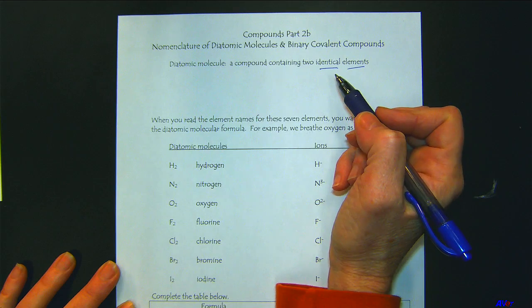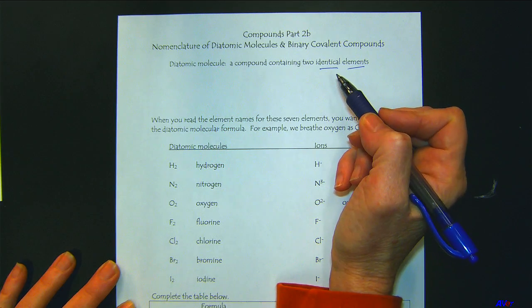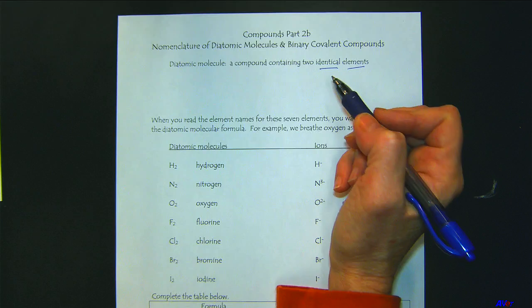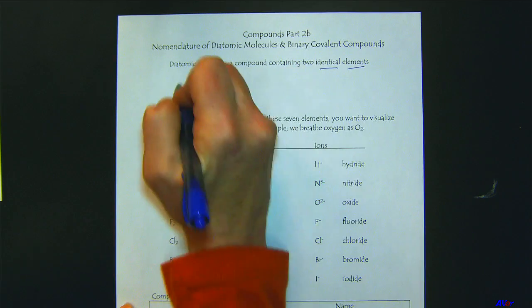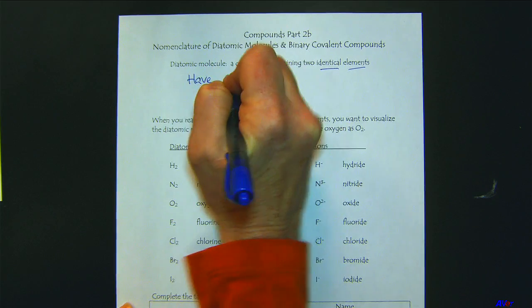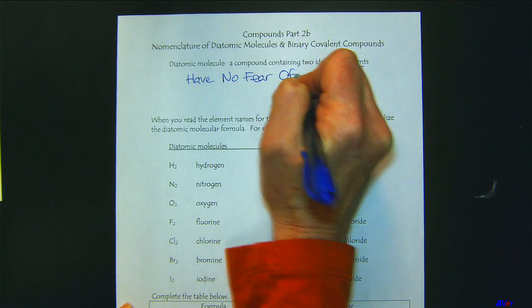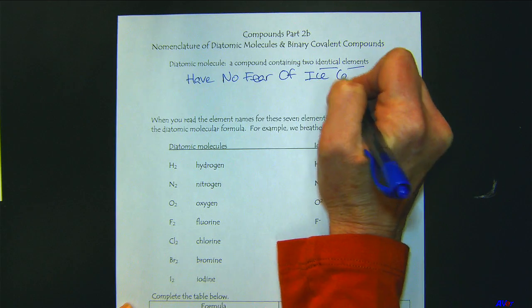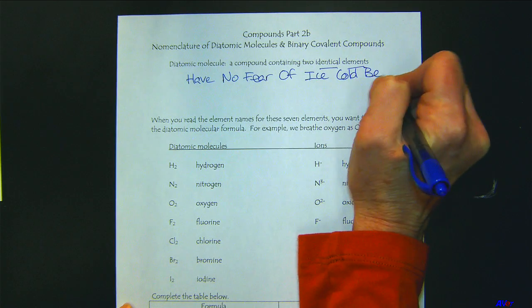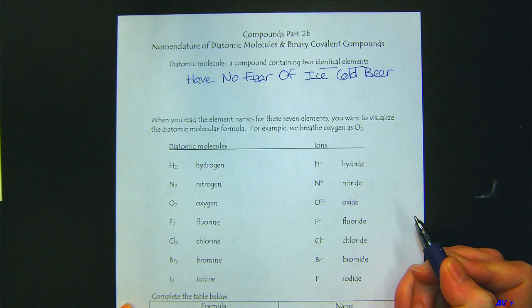Now there's a very simple phrase that can help us know and memorize the diatomic molecules. Have no fear of ice cold beer. So how does that help us?